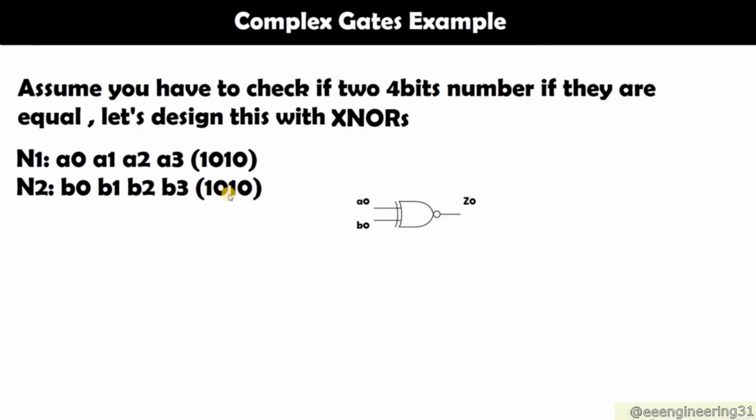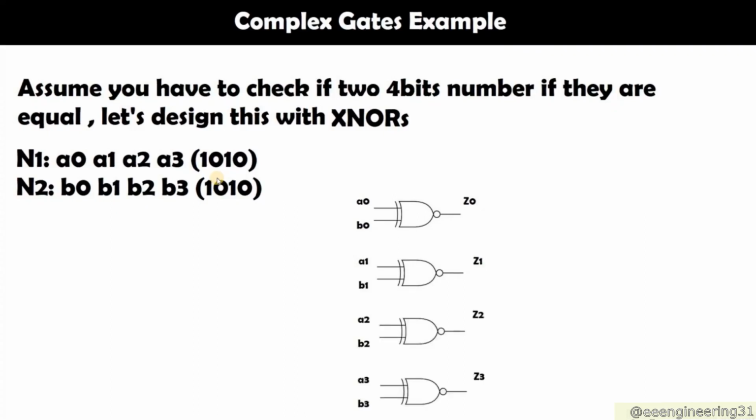If all of these 4 bits are equal, then, well, I can have an output of 1. So I need 4 XNOR gates to do that, right? 1, 2, 3, 4. I want to check A0 and B0, A1, B1, A2, B2, and A3, B3. And I'm going to have 4 results right here, right?